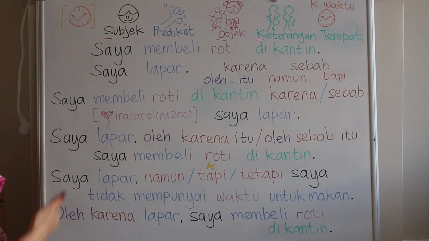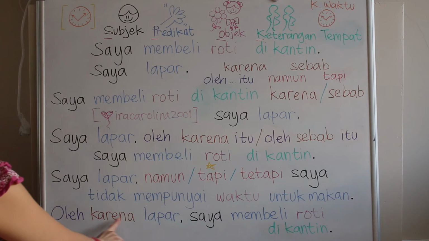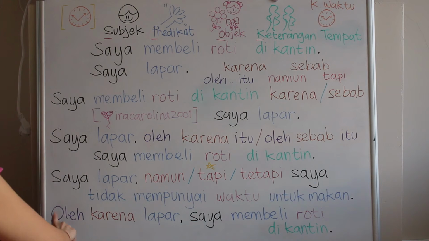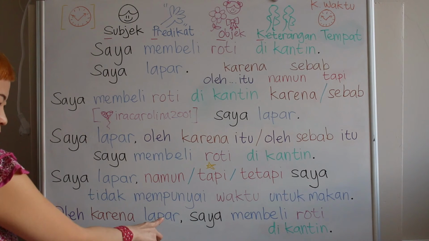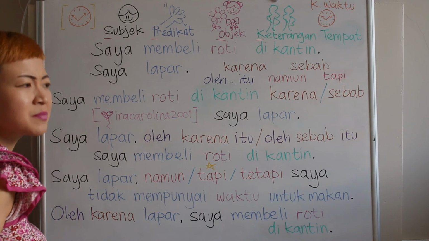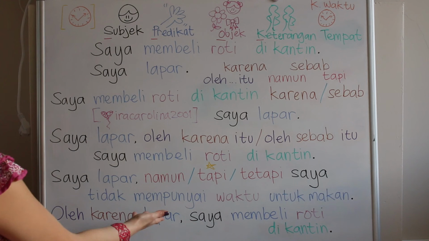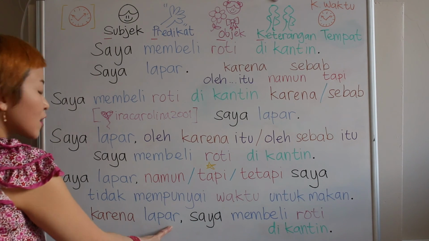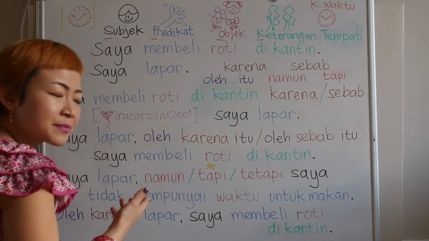When you have to say because of, you say oleh karena. Oleh, space, karena, because of. And in this case, you don't put double I or double saya. So you say because of hungry. It's the same as English, because you don't say because of I'm hungry, but because of hungry. In this case also, because of hungry, oleh karena lapar, and then you put a comma, a bit of a pause.